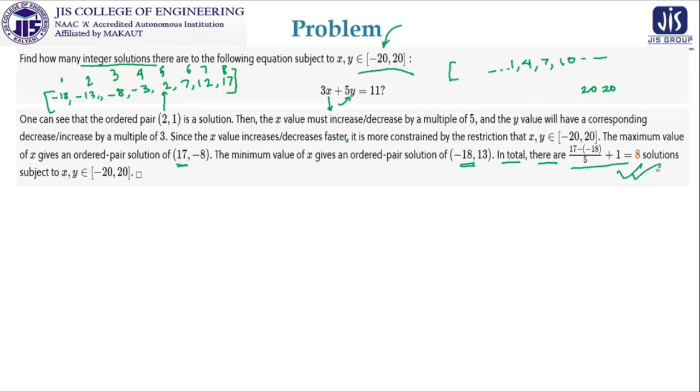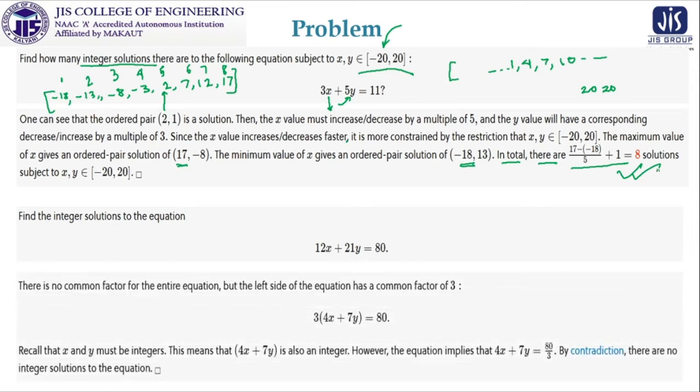It is also not a formal approach, but similarly if you proceed, find the integer solutions to the equation 12x plus 21y equal to 80. What you see is very interesting, that we can write it, taking 3 common, as 3 times 4x plus 7y equal to 80, so 4x plus 7y is equal to 80 by 3, where we are concentrating on integral solutions.